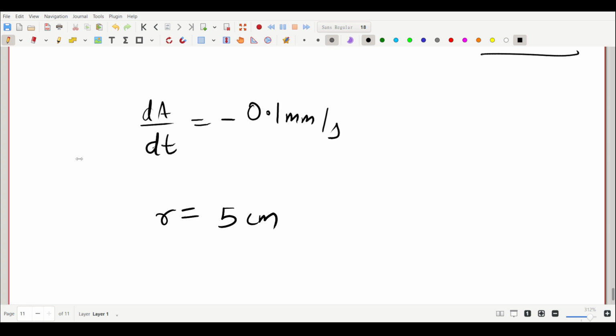Okay, so the answer should be 0.5 pi times 10 to the power minus 4.